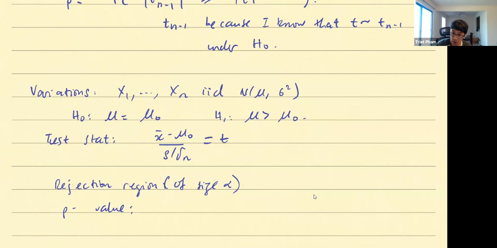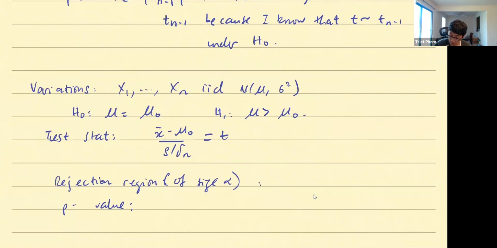In other words, you should reject when t is bigger than t(n-1, alpha). Is that okay? And your p-value will be the probability that T(n-1) is bigger than t.